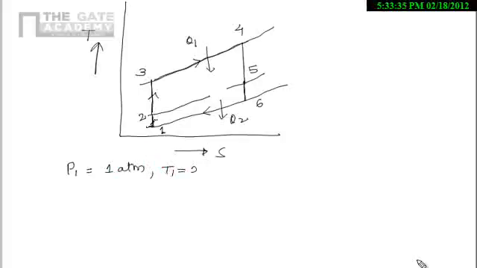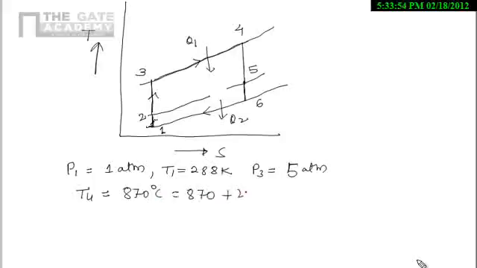T1 is given as 288 Kelvin, that is 15 degrees centigrade. P3 is given, that is 5 atmospheric pressure. And T4 is given, that is the maximum temperature T4, at 870 degrees centigrade. For Kelvin we have to add 273, so it will come to 1143 Kelvin.